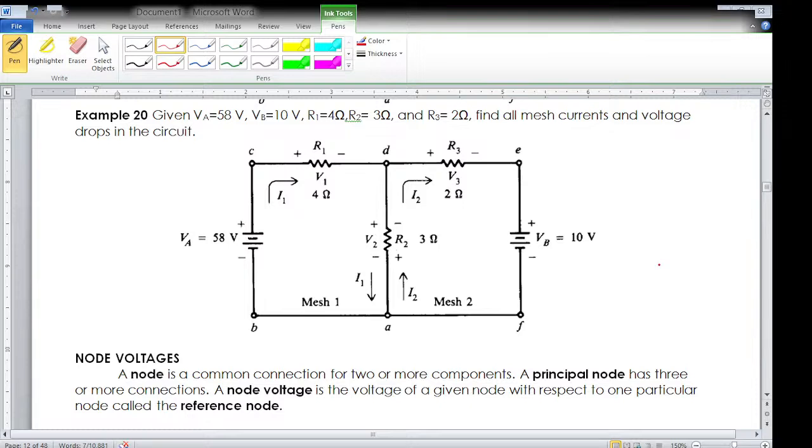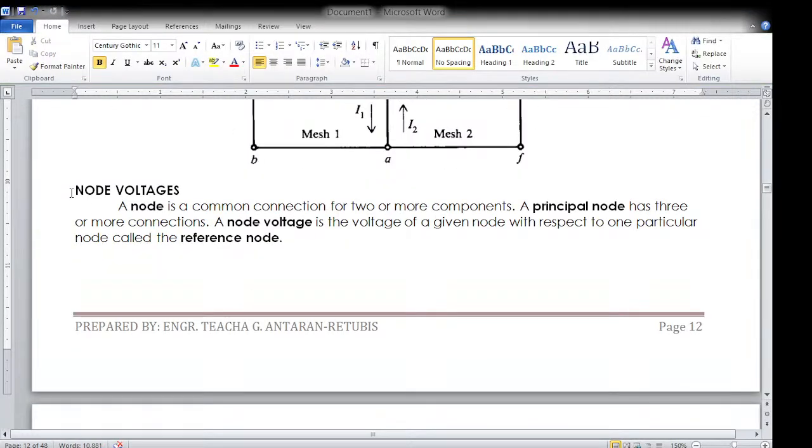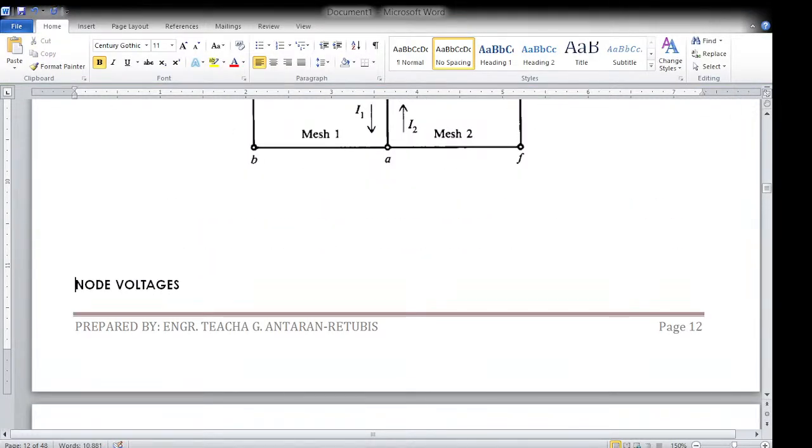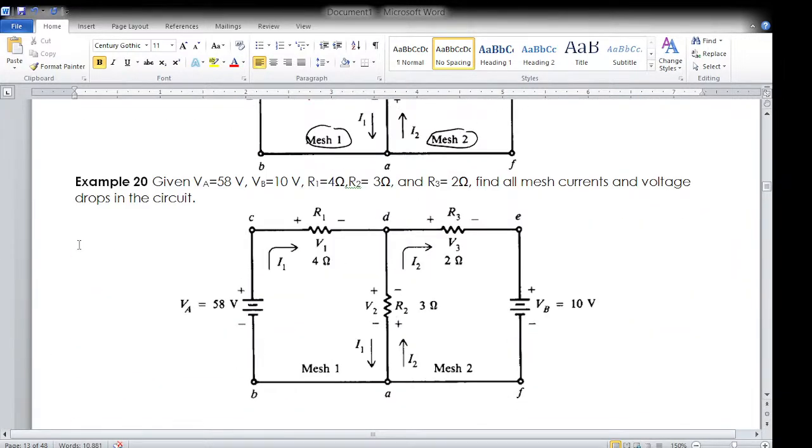Okay, going back. From this example, what are the unknowns, or what are we asked to solve? Find all mesh currents and voltage drops in the circuit.